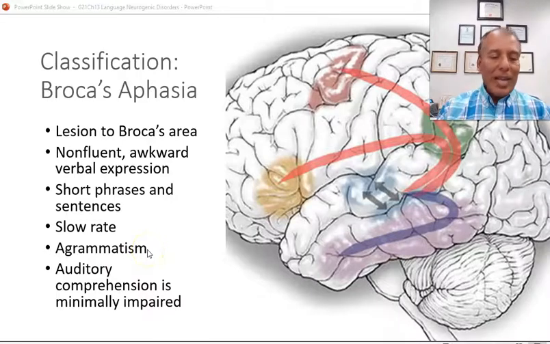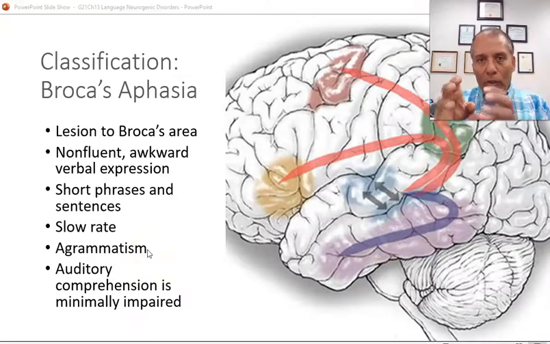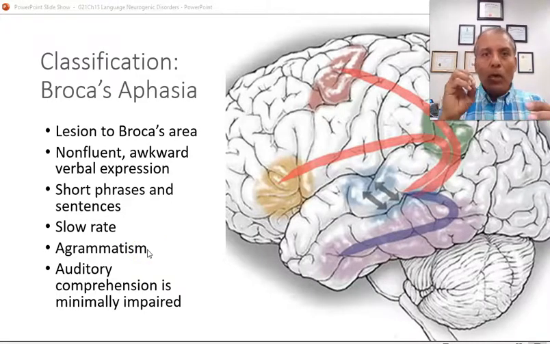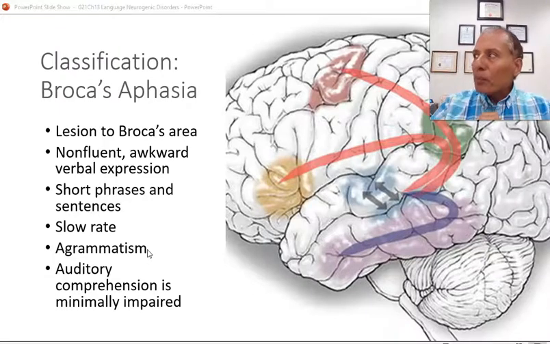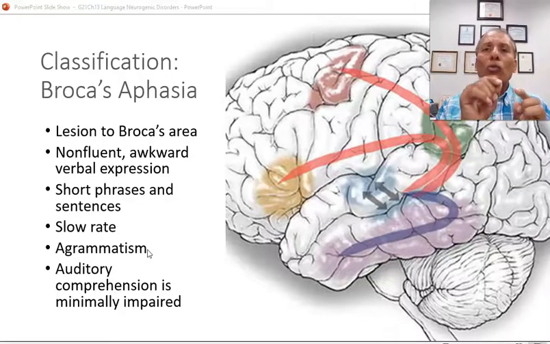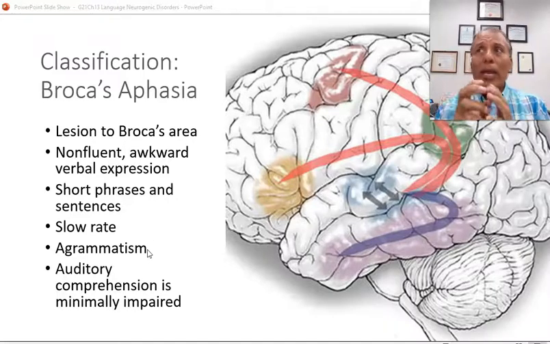It means that the grammatical words are taken out. For example, the grammatical words are prepositions and words that connect sentences or words together, like between, in, out, the. So the person, in other words, limits his or her language to nouns, verbs and adjectives.